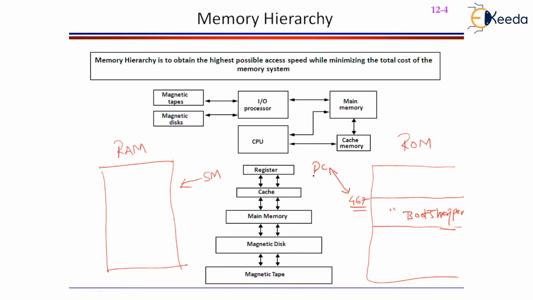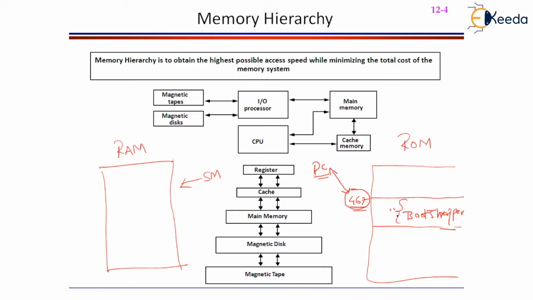You know what the program counter is? When the program is getting executed, initially the program counter is going to hold the address of the first instruction, and from the next instruction onwards, the program counter is going to point to the address of the next instruction. So when you switch on the computer system, the first program that needs to be executed is the Bootstrap loader.